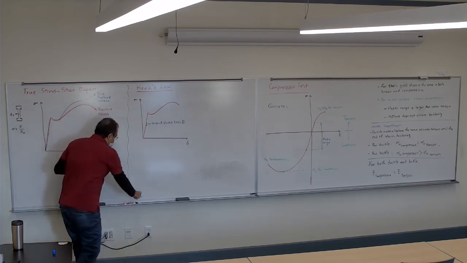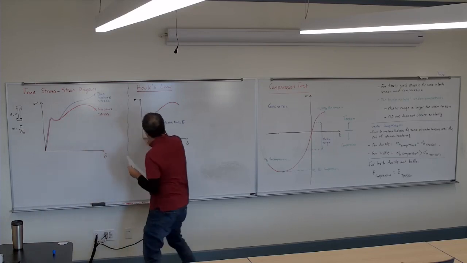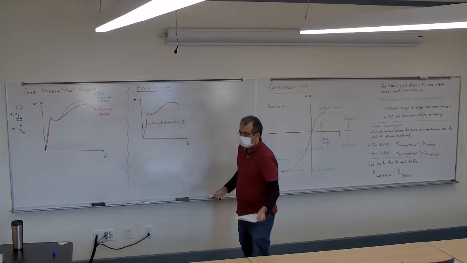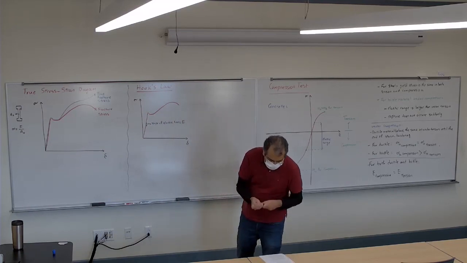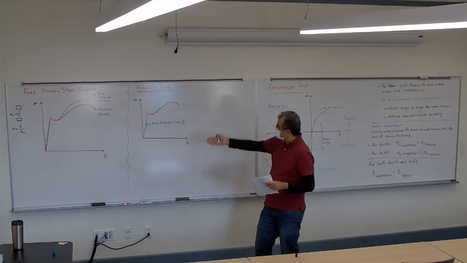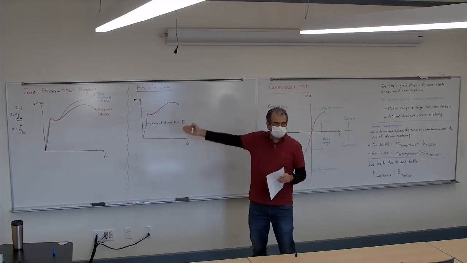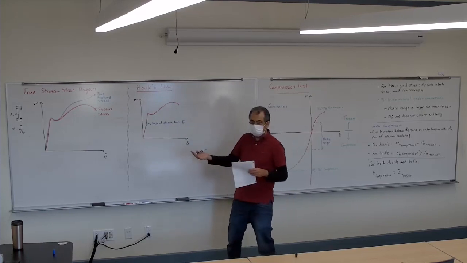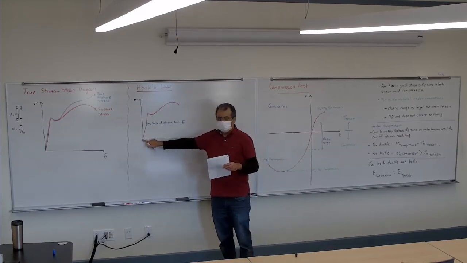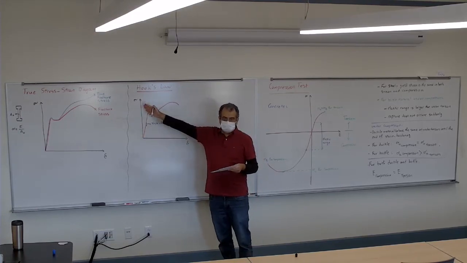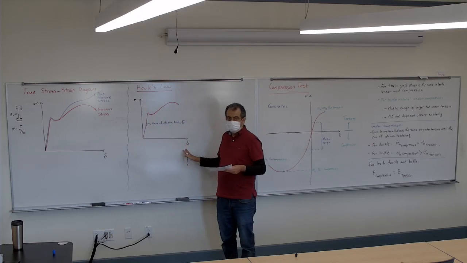If the slope of the line is E, what would be the equation for that line? The equation for the straight line that goes through 0, 0: y equals mx plus b, and b is just 0, so y is equal to mx. What's the y? Sigma. What's the x? Epsilon. And what's the m?